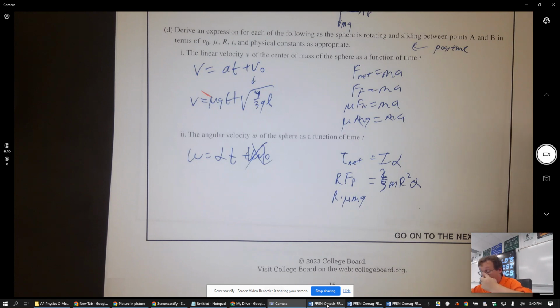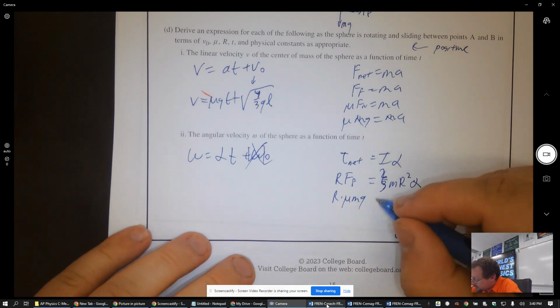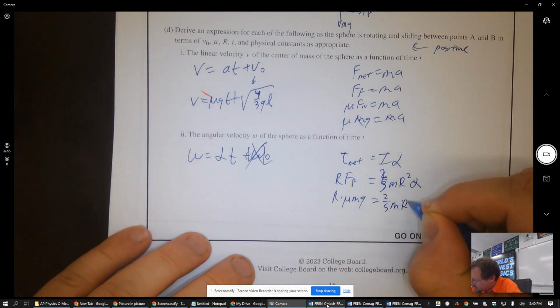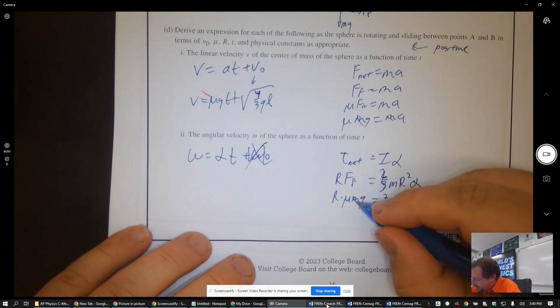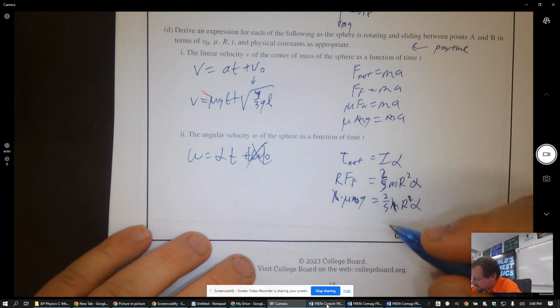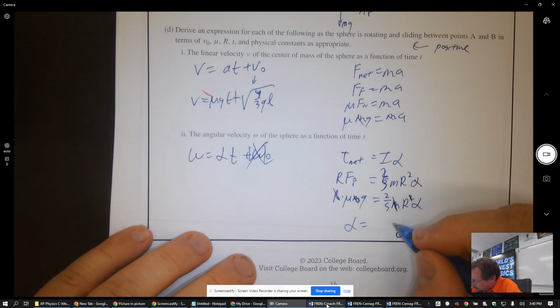You can only plug in alpha equals a over r if you're not slipping. So 2/5 m r squared alpha, the m's cancel, one of the r's cancels. Now your alpha is going to be 5 mu g over 2r maybe.